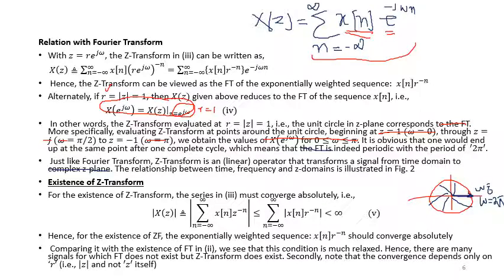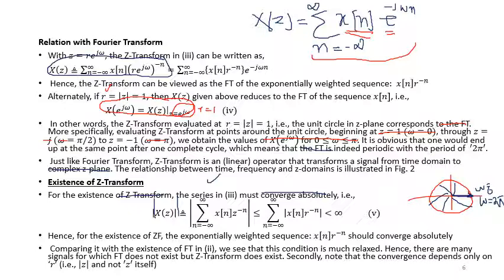The relationship between the time frequency, for the existence of the Z transform, the series in 3, which I have written here, must converge absolutely, right? So this must converge absolutely. So we can write it also like this.